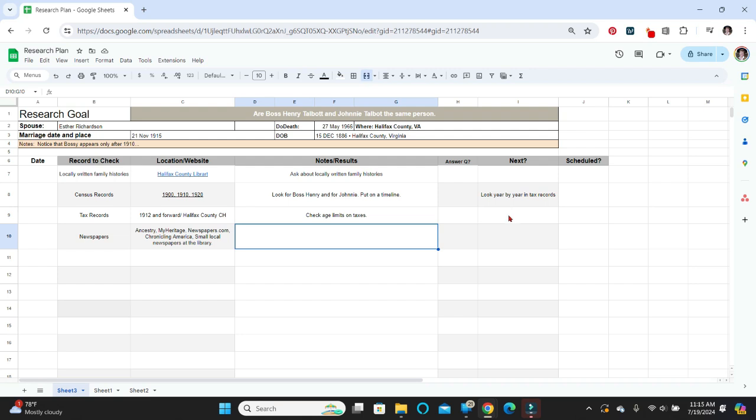Tax records. I'm going to be looking at tax records and newspapers kind of simultaneously. Tax records are going to require an actual research trip for me. So I would put that on the calendar. I would schedule it for, say, September 1st. So I'm going to put a specific date on my calendar to make sure that that happens.